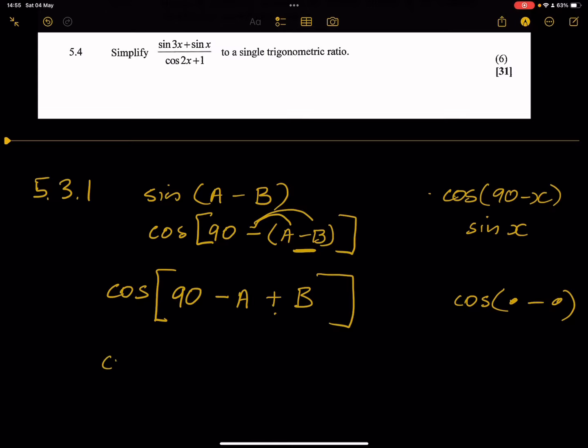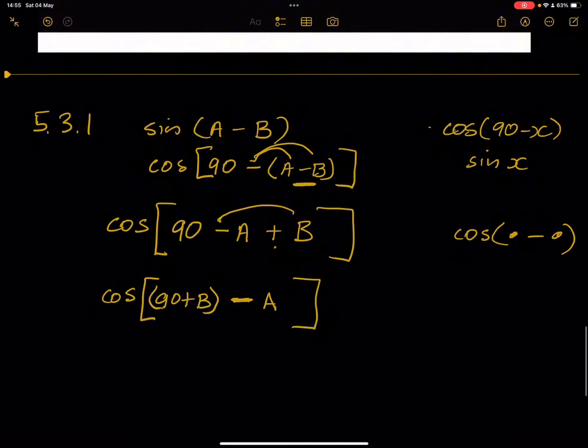This becomes cos of, I want you to note, I'm going to say this is 90 plus b, group these ones together, so that is a minus a there. So I'm going to take this as one thing, right? And I'm going to take cos a as something else, right?